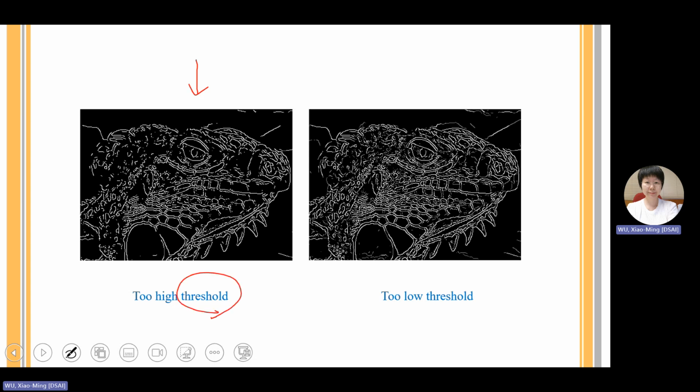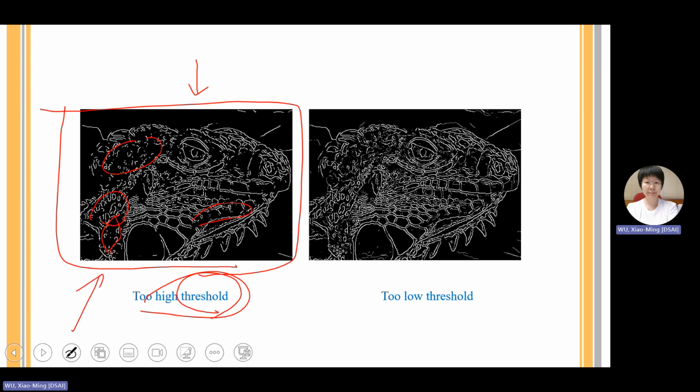Okay, if we use a very high threshold, we get many discontinuous edges. So those edges are discontinued, and there are some missing pixels. This is our edge map.